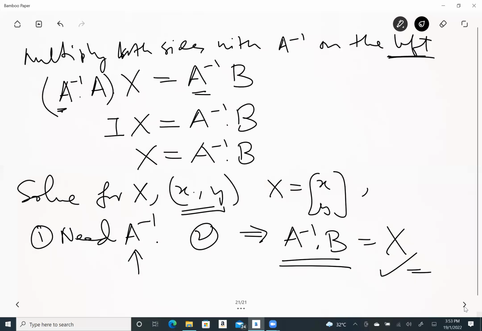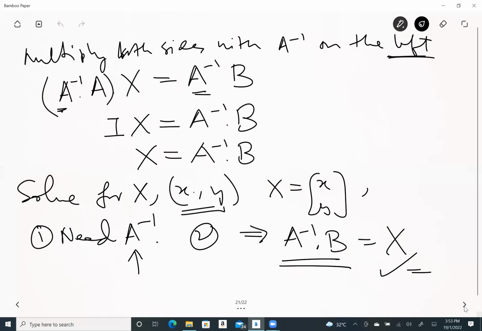So I'll give you an example. Let's say we have the following. Let's say I got 2x plus 4y equal to 21.